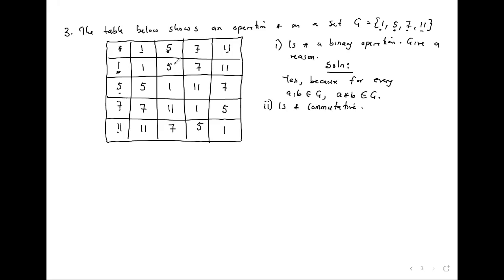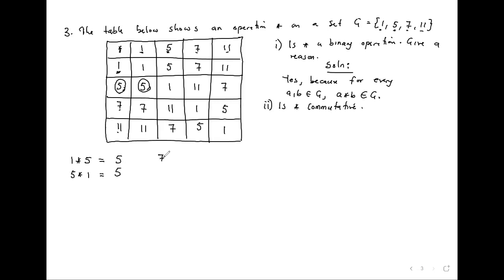So if we get 1 star 5, we get 5. Starting with 5 star 1, you will still get 5. So this combination is okay.